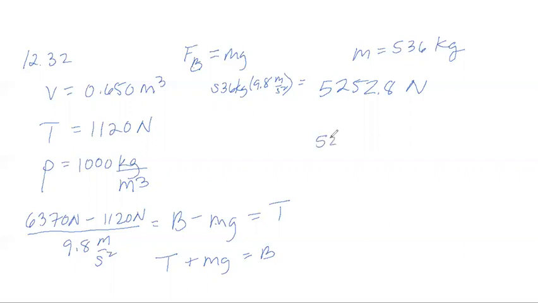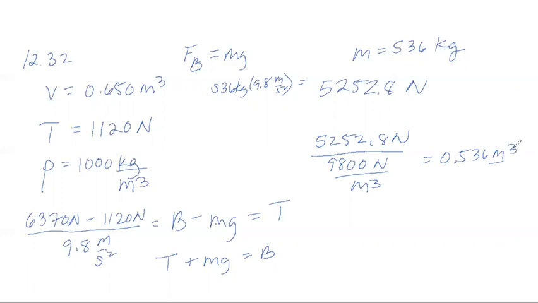So 5,252.8 newtons divided by 9,800 newtons per meter cubed is going to be 0.536 meters cubed. That's going to be the submerged volume.